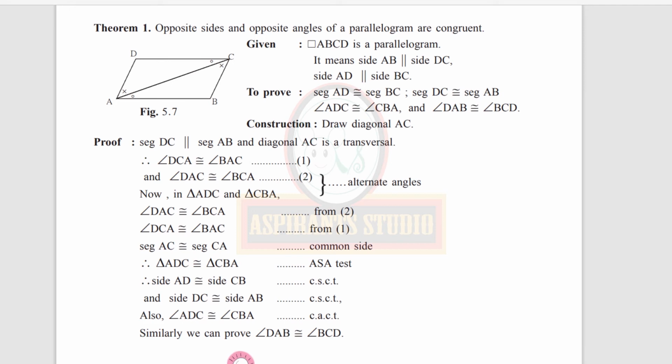So, we have proved that opposite sides and opposite angles of a parallelogram are congruent. So, after finishing this theorem, you have to write that statement. Hence, we prove opposite sides and opposite angles of a parallelogram are congruent.